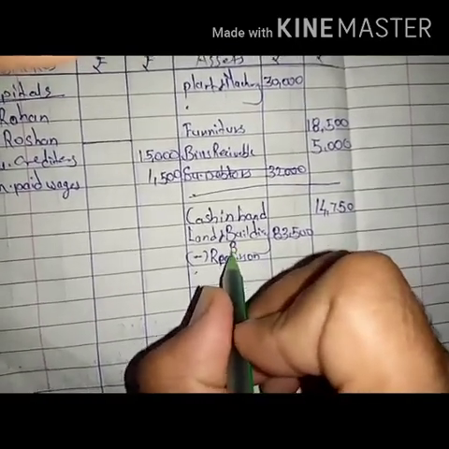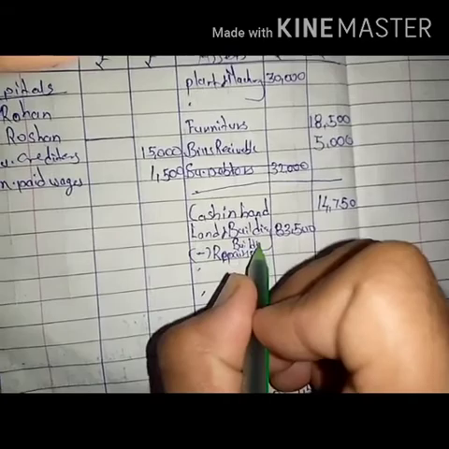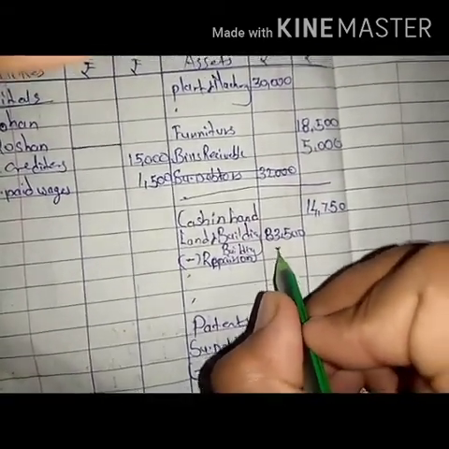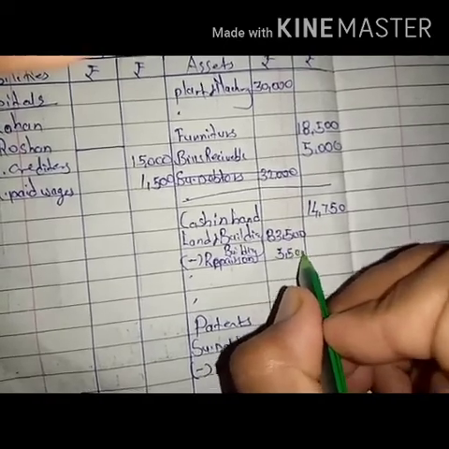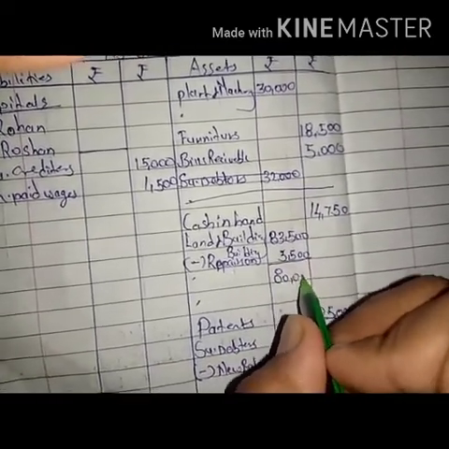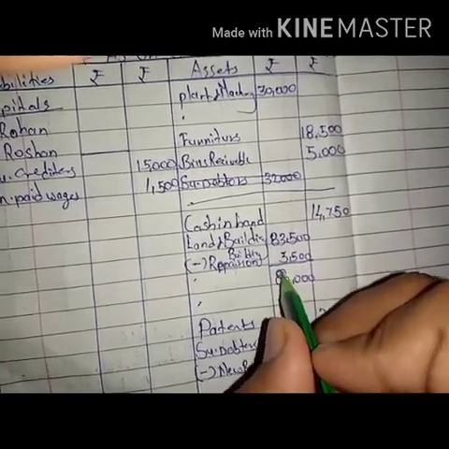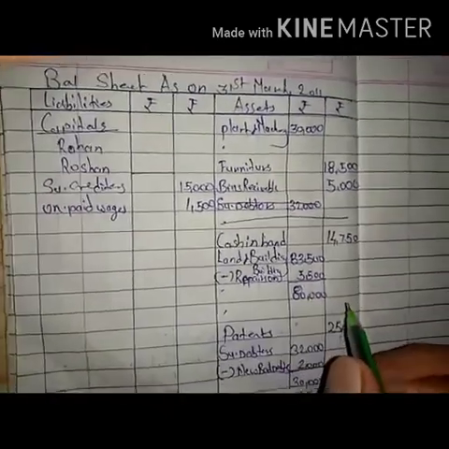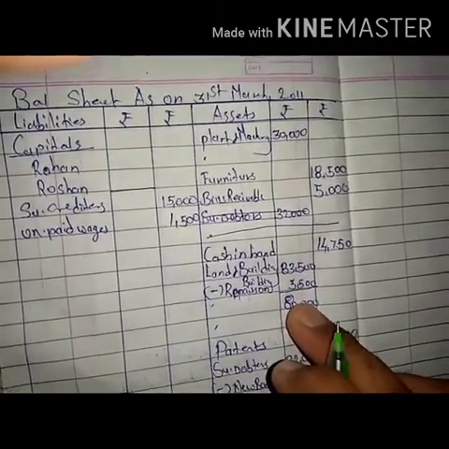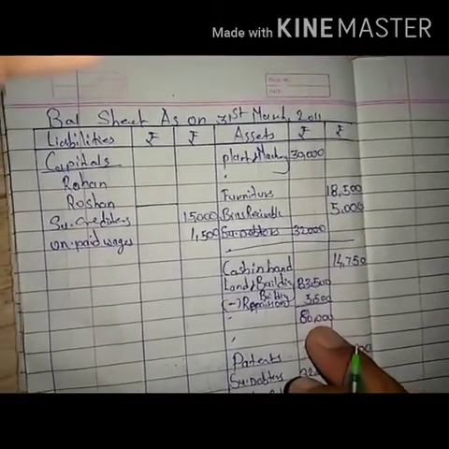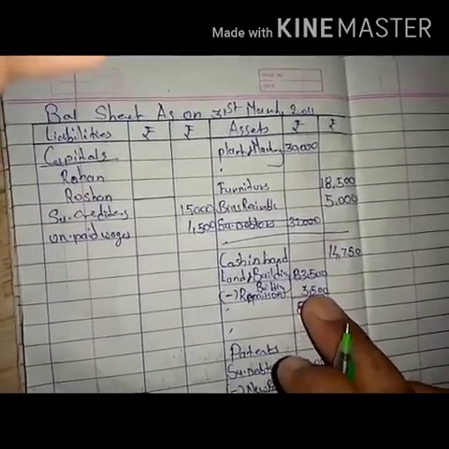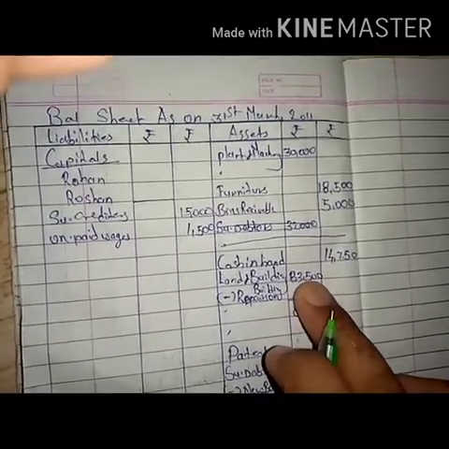On building, the amount given in the adjustment is 3,500, which is wrongly included. 80,000. This amount is wrongly included in this sum, so we are going to put it on its real side. Real side means this is an expense which is done on these assets.